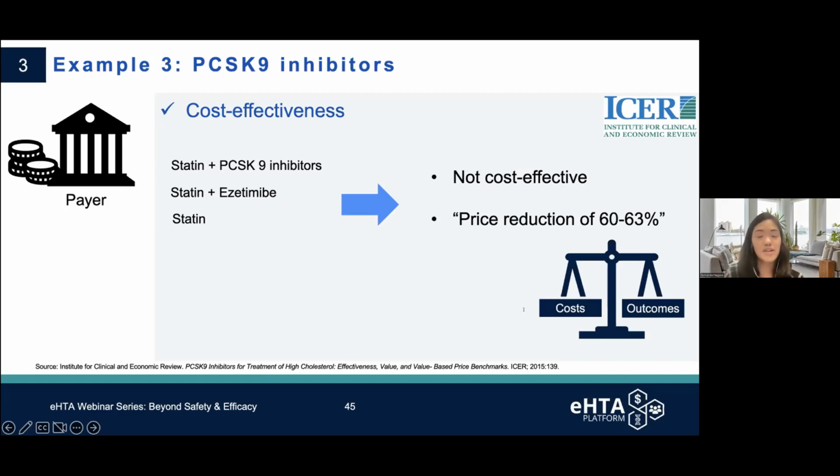So for example, in the case of PCSK9, they compared PCSK9 to ezetimibe and statin to estimate how much it would cost to avoid one major cardiovascular adverse event. After running those analyses, they concluded that at the price points the companies were asking, the product couldn't be deemed cost effective. The price would need to be reduced by 60% to be cost effective.